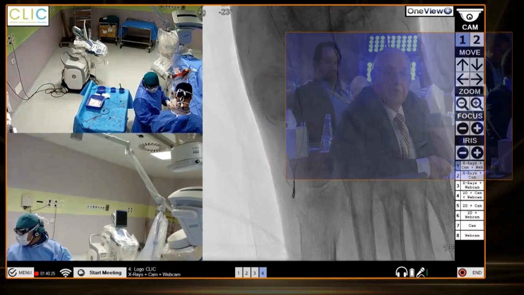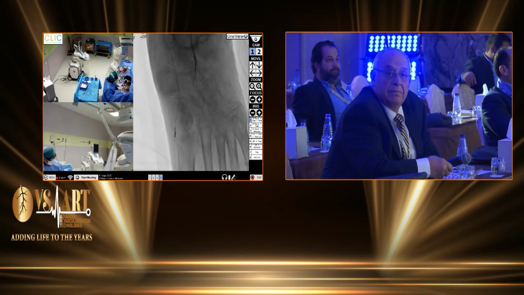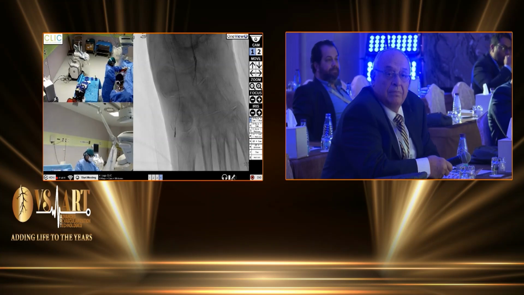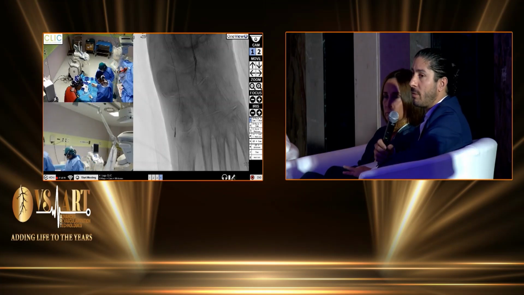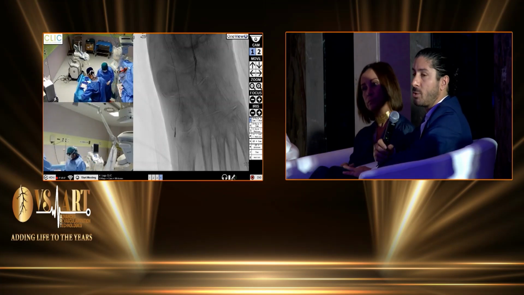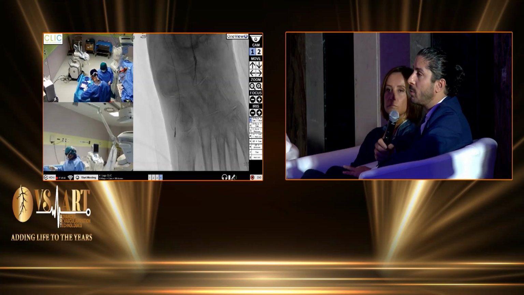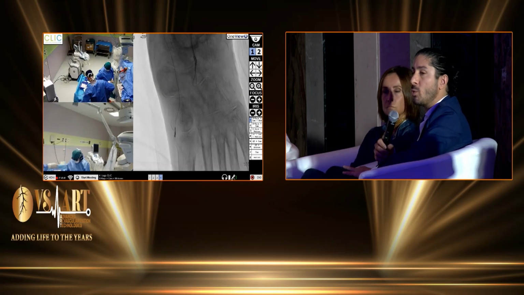I think the data currently do not support us to believe that it's going to be better compared to POBA, but it's related to multiple factors. For example, in calcified arteries, the results are worse compared to no calcium. So I'm still using it, with paclitaxel as well as with sirolimus.